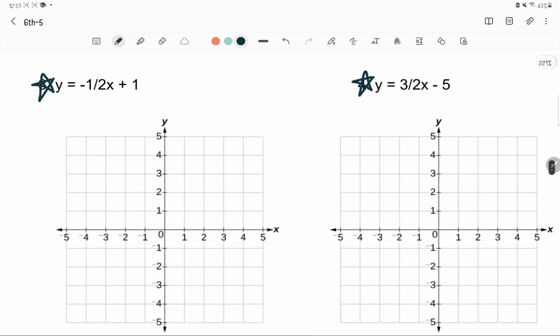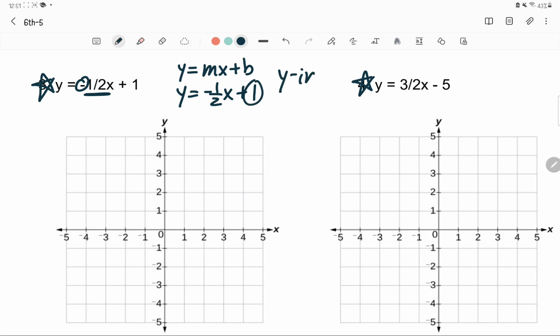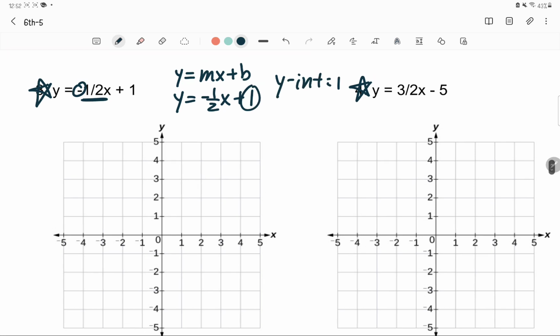Do you see that there is a negative sign in front of the coefficient, which is 1/2? We can say negative 1/2 is the slope. So y equals mx plus b, and y equals negative 1/2 x plus 1. So the y-intercept is 1, which we can also write as (0, 1), and the slope is negative 1/2.